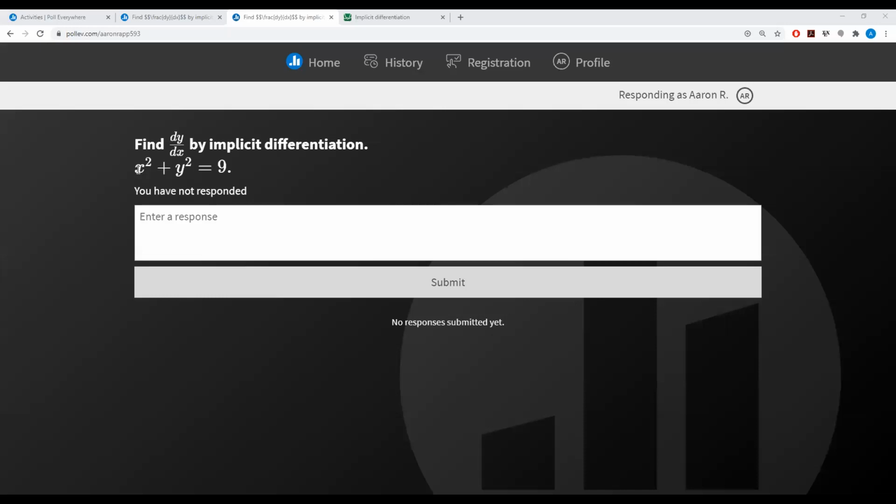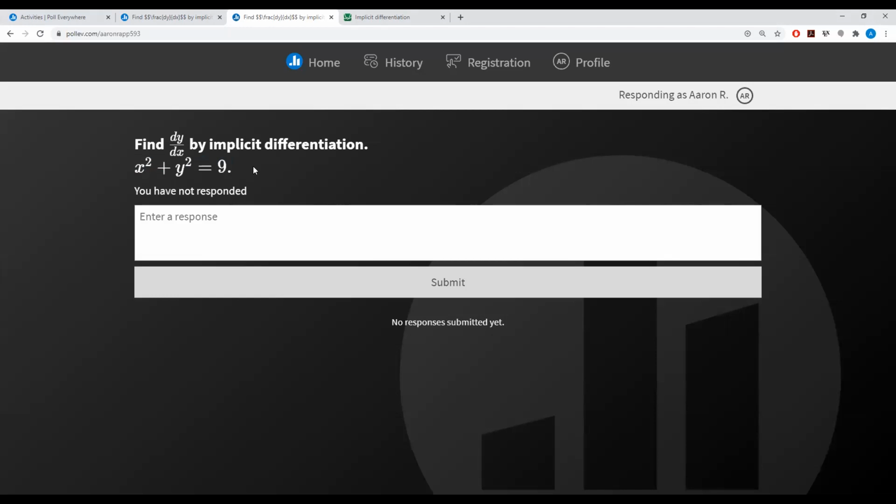So I want to take this equation, x squared plus y squared plus 9. Take the derivative with respect to x of both sides, of that entire equation. And once I've calculated all those derivatives, as we saw, we should get a dy over dx to appear. Once I've done that, I want to solve for that dy over dx.